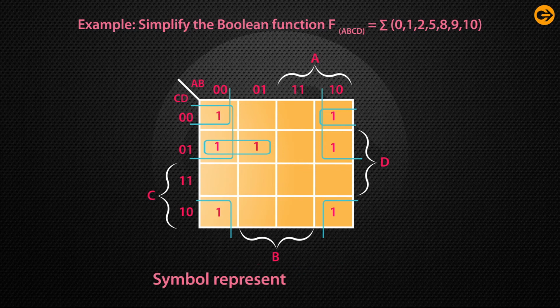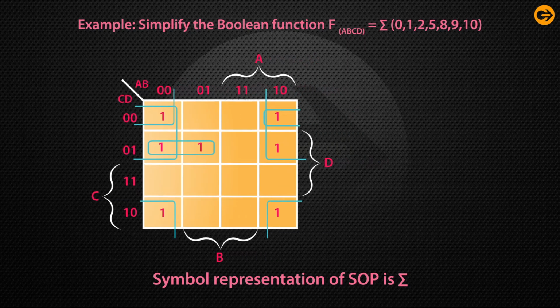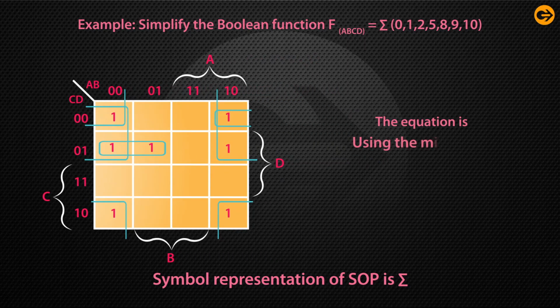The symbol which represents SOP is summation. There are 3 overlapping possible groups of ones in this K-map. The equation is f(a,b,c,d) = b'd' + b'c' + a'c'd'.